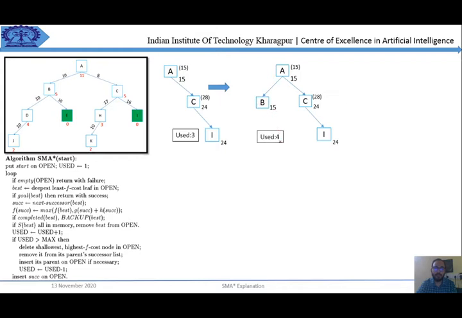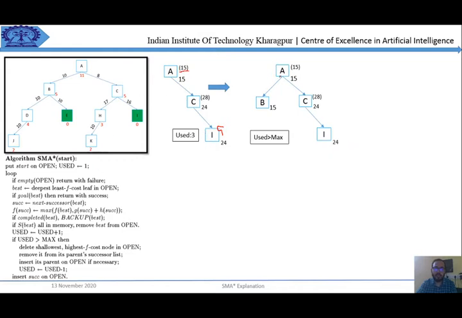Now the U value is again 4, that is greater than the max value. So right now from A, C, and I, the maximum one is 24. And I is also the goal node, but it has not terminated because, first of all, the open list is not empty, and also there is A, which has a forgotten node of 15, so from that part also the goal can be possible. So it has not been terminated because of these two reasons.